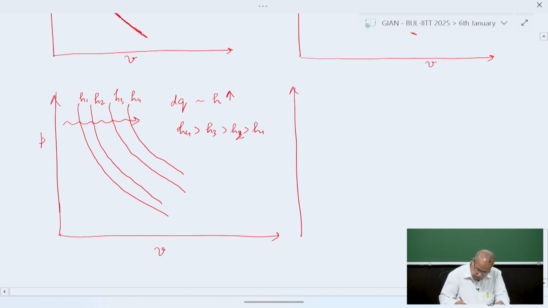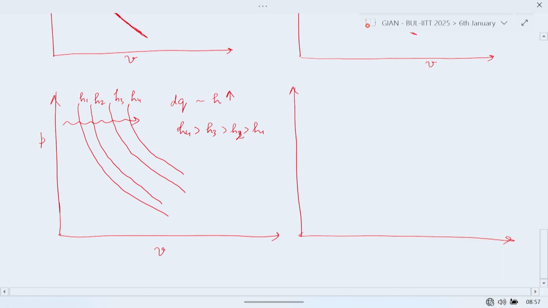Now similarly, we could also say that the addition of heat to the entropy, when you add heat, you end up in increasing the entropy. So here it is S1 in the direction of heating dq.